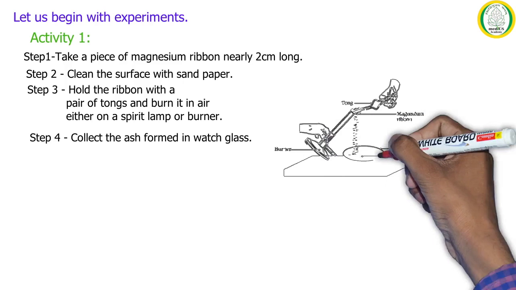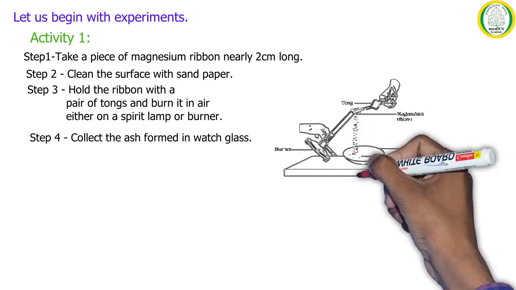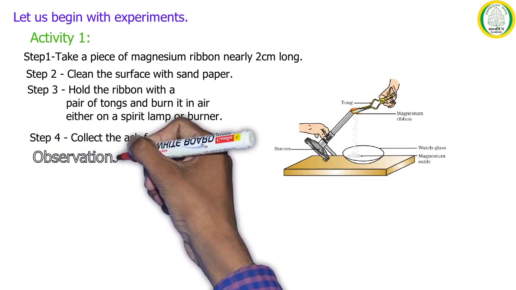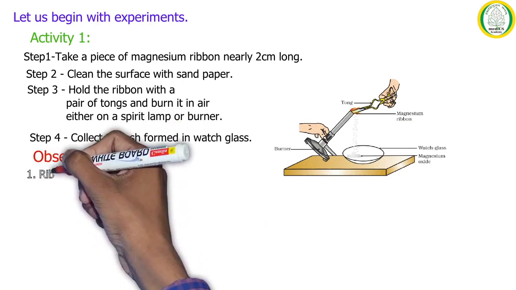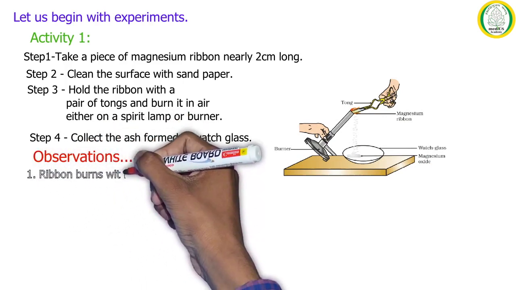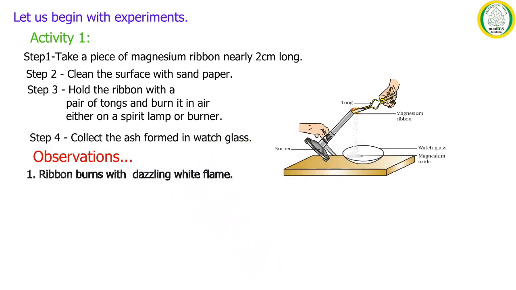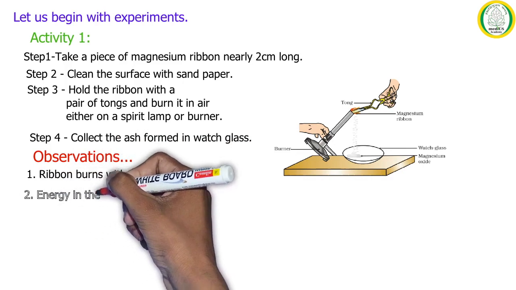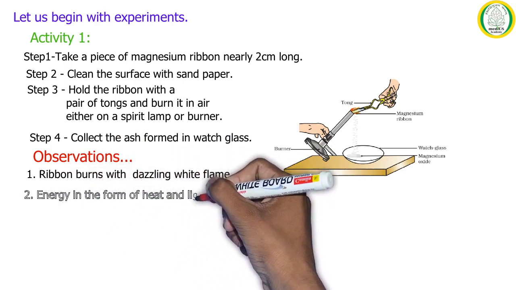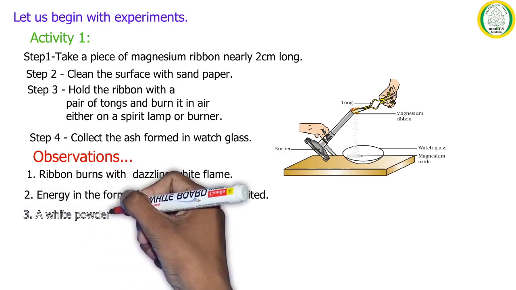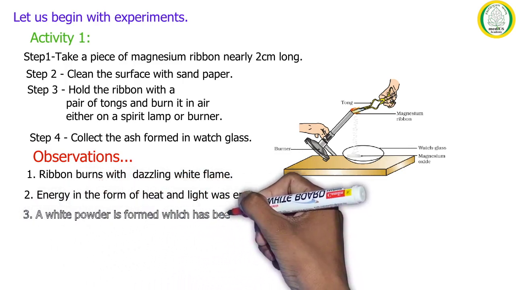Observations you will see in this experiment: the ribbon burns with a dazzling white flame. Energy in the form of heat and light is emitted. A white powder is formed, which has been collected in the china dish.